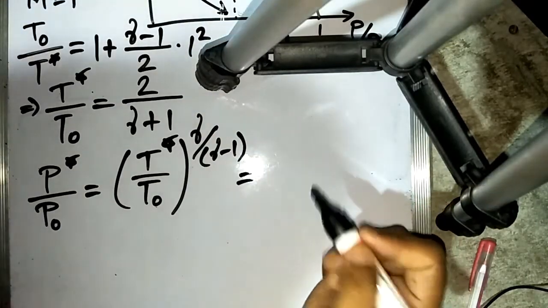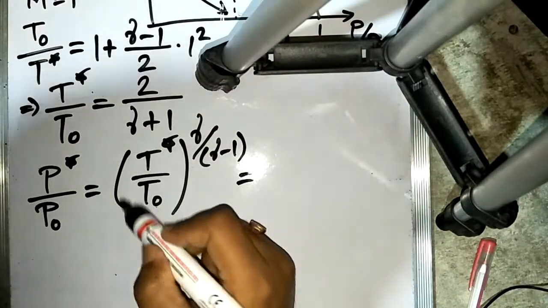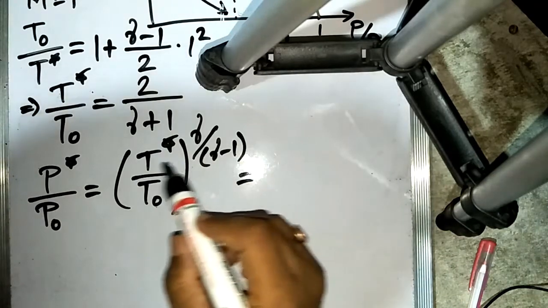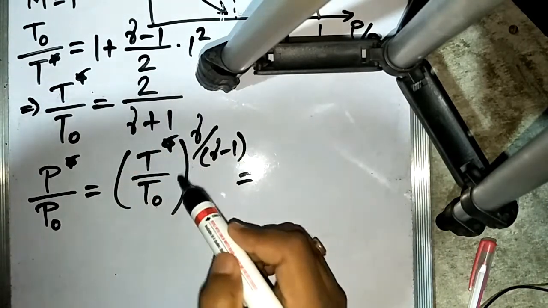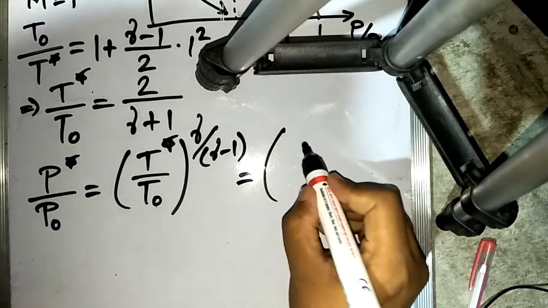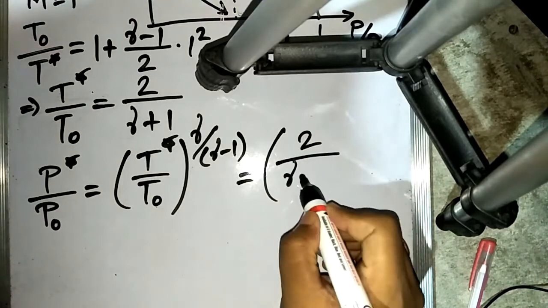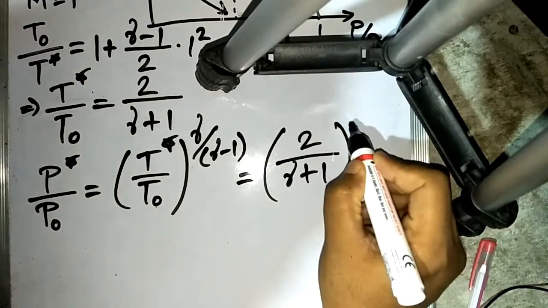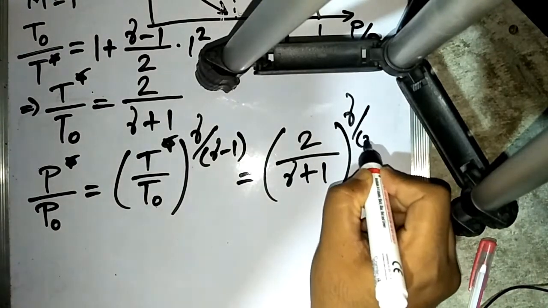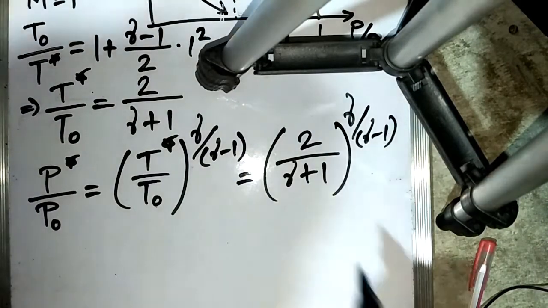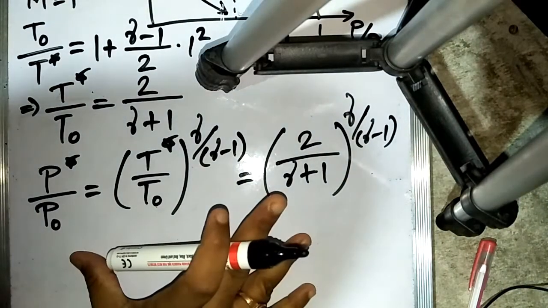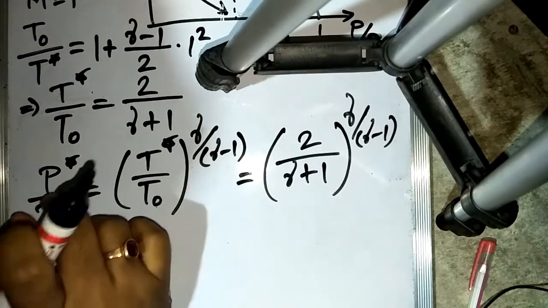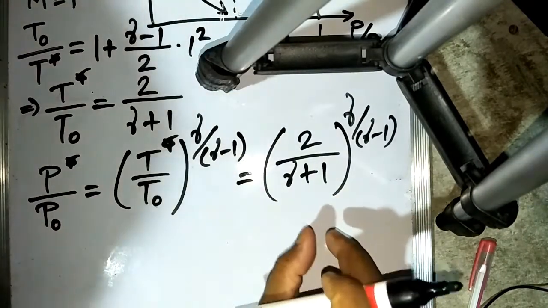Substituting the value of T star by T0 into this equation, we get 2 by gamma plus 1 to the power gamma by gamma minus 1. So this is the relation between P star by P0 and gamma.